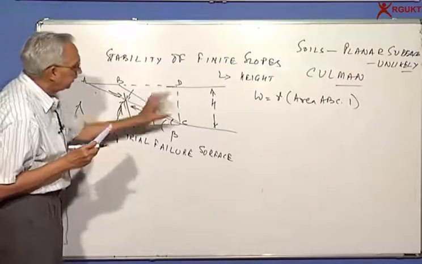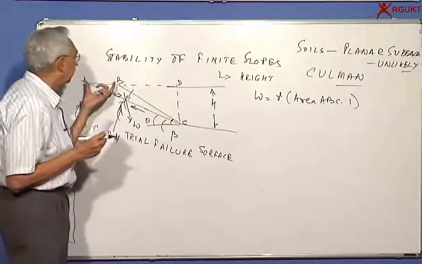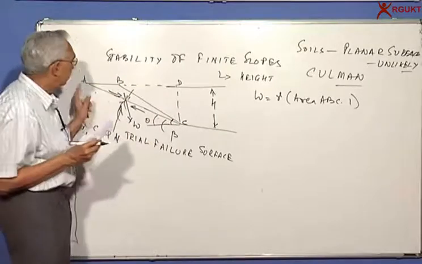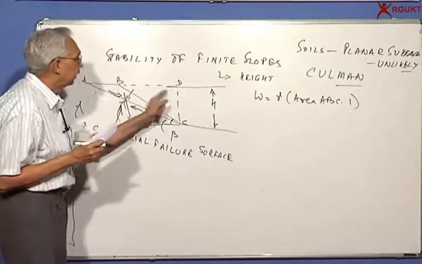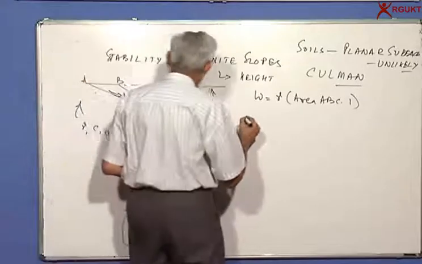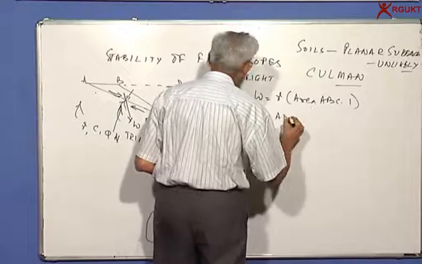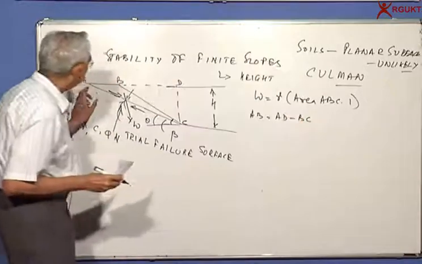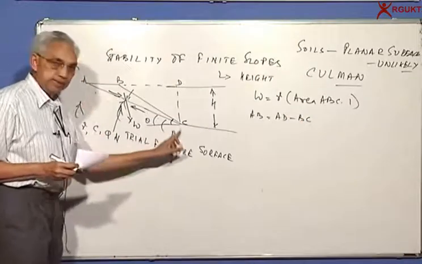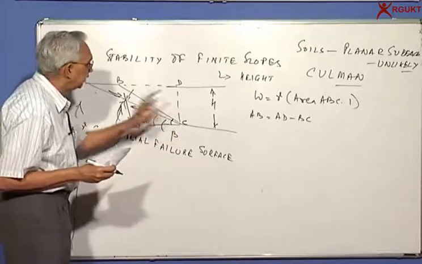So the height I know is equal to h. I need to find out the length AB. I can find it as AD minus BD. AB length is equal to AD minus BD. And how do I find that? AC is the diagonal and h is the height.